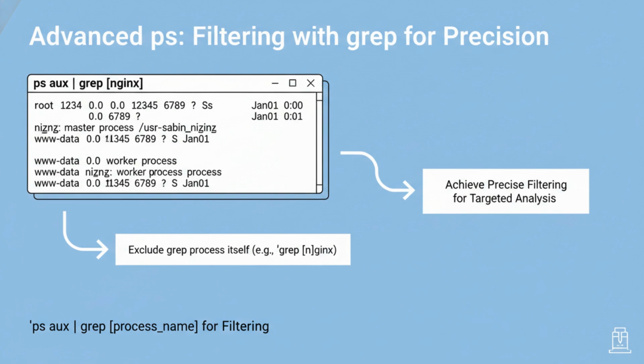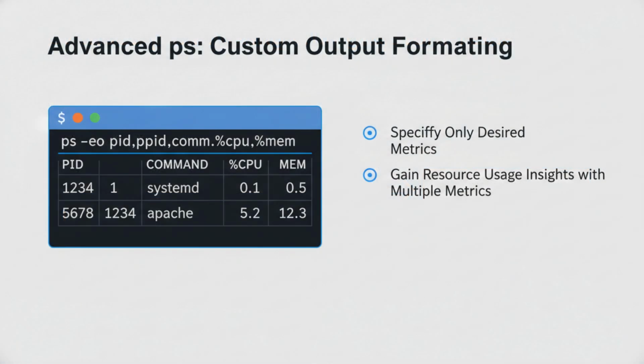Beyond default outputs, ps offers remarkable flexibility in displaying exactly the columns you need. The -o option allows you to specify a comma-separated list of desired output columns. This is invaluable when you're looking for very specific information and want to avoid clutter.